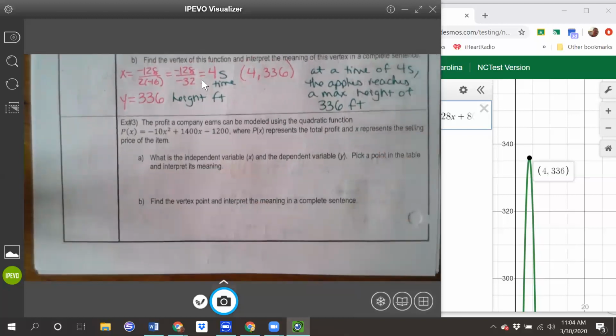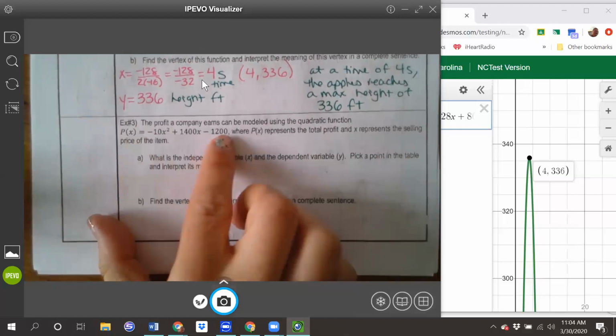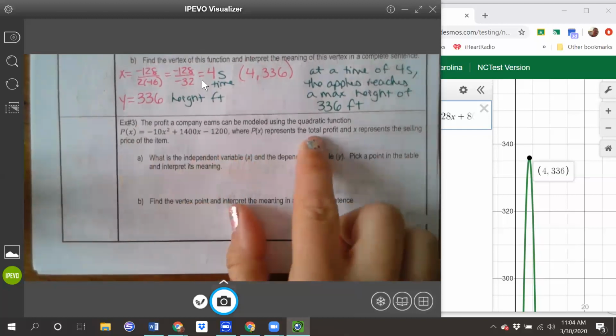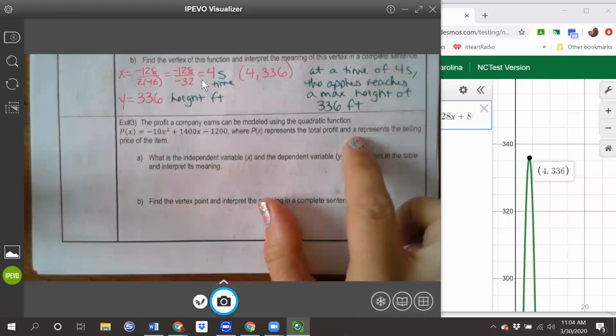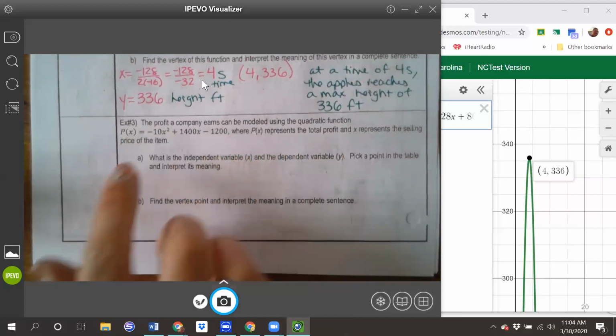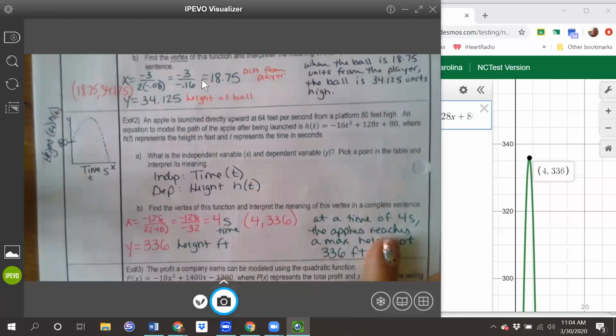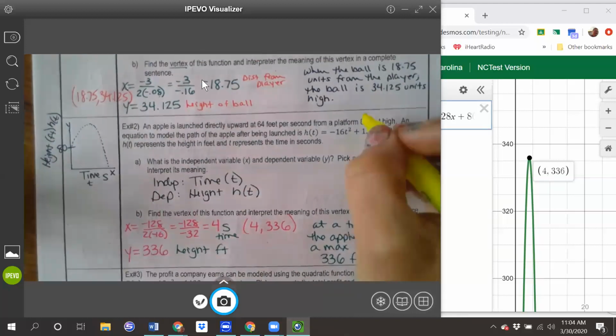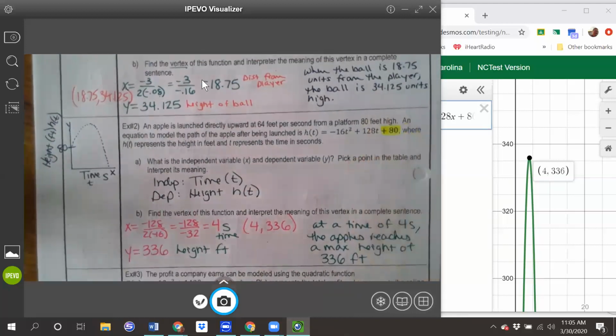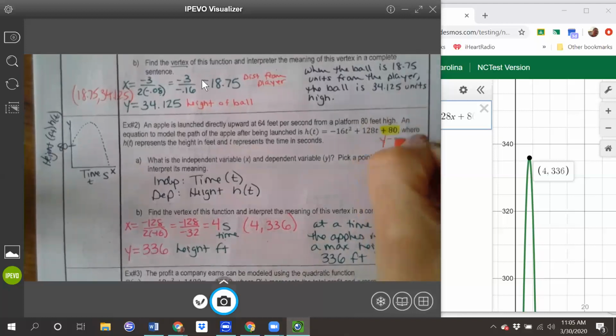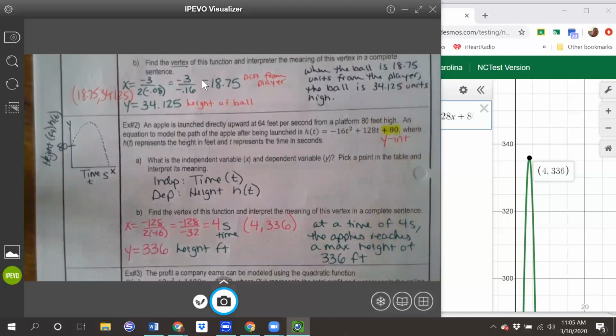Okay, last one. The profit a company earns can be modeled using the quadratic function, where P of X represents the total profit and X represents the selling price of the item. Okay, so the y-intercept, let me go back to this one. The y-intercept is always that plus c. The constant is always the y-intercept.